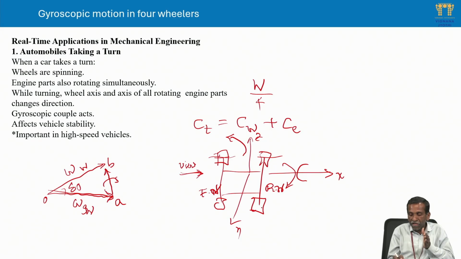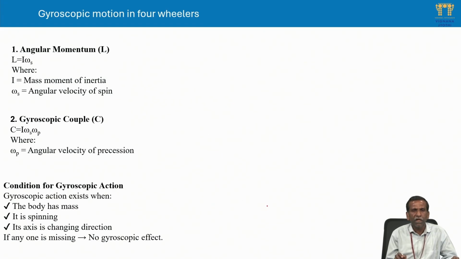Means the rear wheels are in contact with the ground, and the front wheels are trying to lift up from the ground. The most important thing we need to see is the reaction of the ground on all four wheels due to the gyroscopic couple. We are coming to that point.